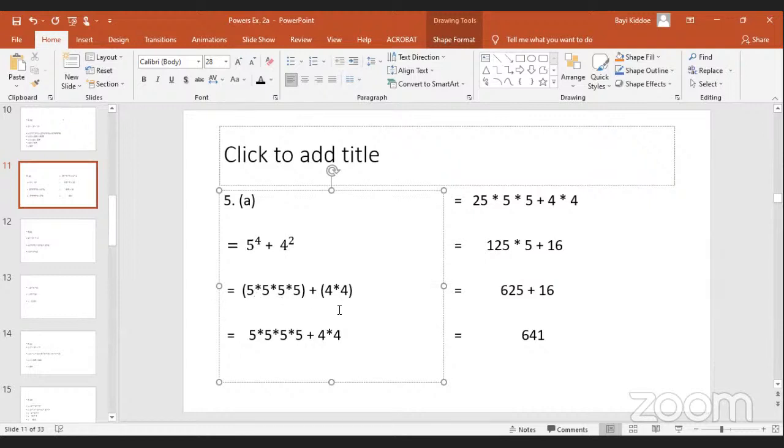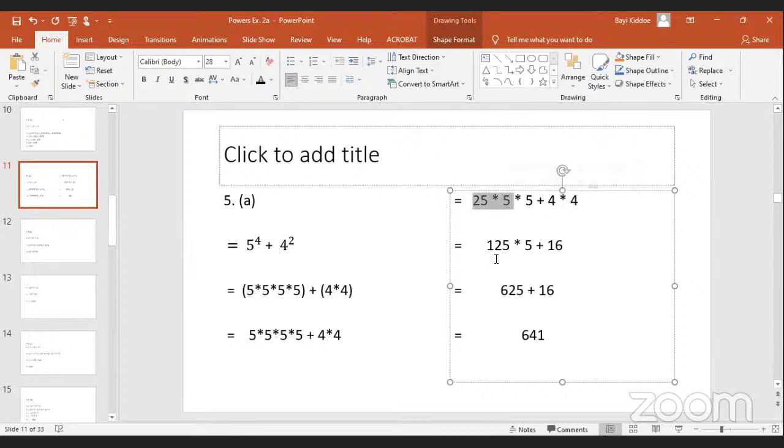Bring down the 4 times 4. And 5 times 5 gives you 25, right? Times 5 times 5 plus 4 times 4. 25 times 5 gives you 125. Bring down back the 5 up here.